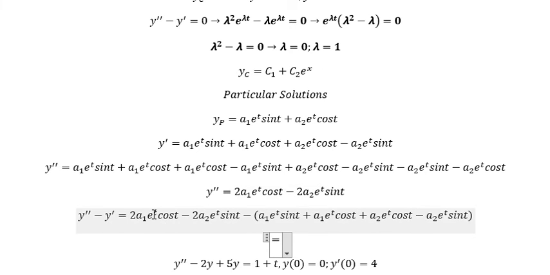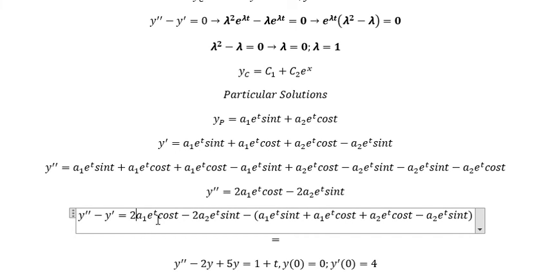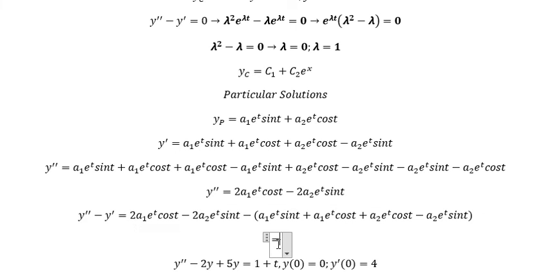A1 e to the power of t cosine t minus A1 e t cosine t. So you got about this one. Negative number 2 A2 et sine t. Negative with negative, you got about positive.